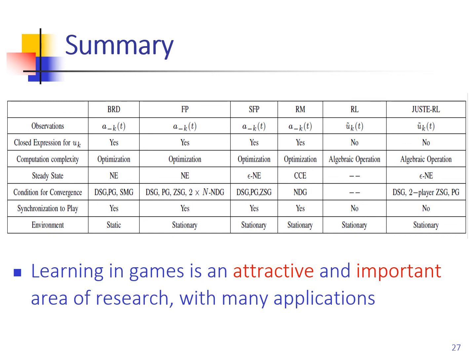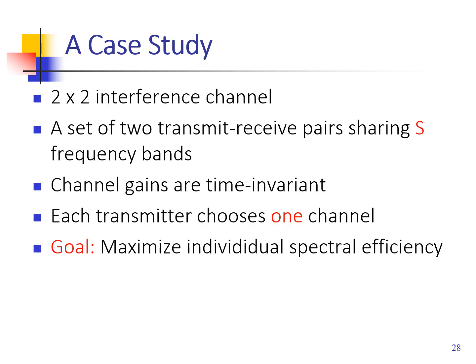Okay, very good. Now let's look quickly at an application in a wireless setting, an application of reinforcement learning, comparing these different algorithms that we talked about. In a 2x2 interference channel, this is still a toy example, but it captures very well the nature of the algorithms that we get and how they converge. We have two transmitter-receiver pairs sharing a frequency band.